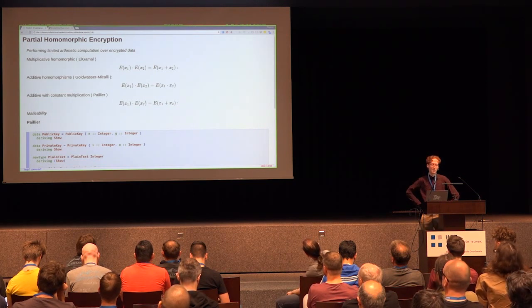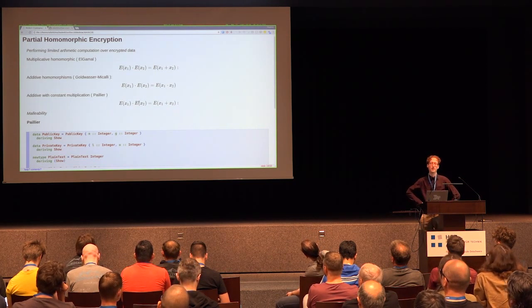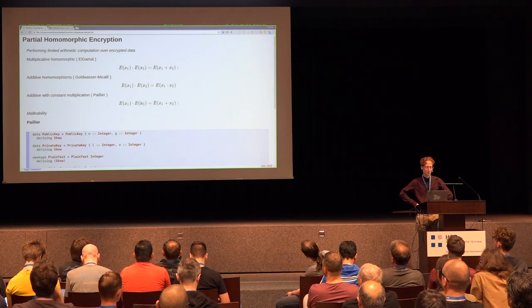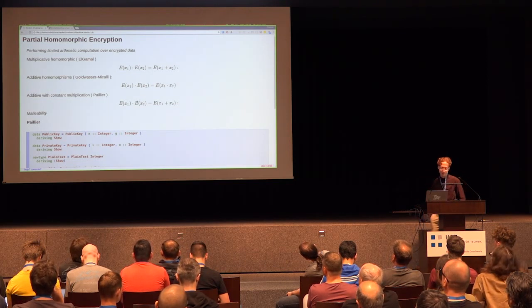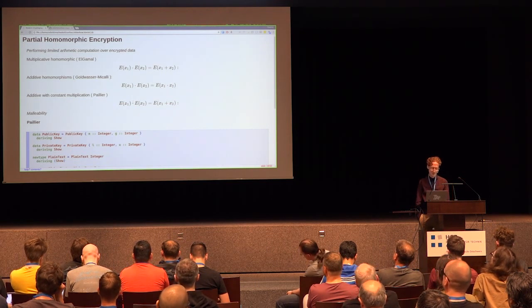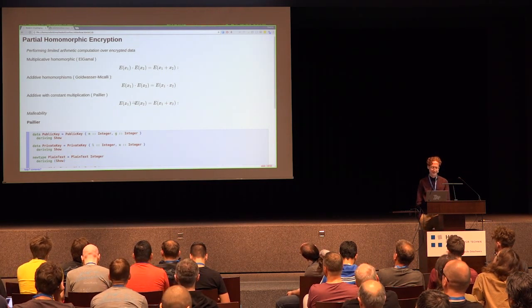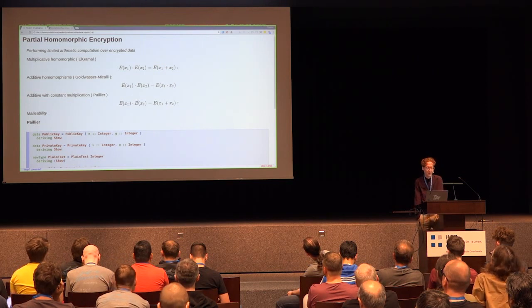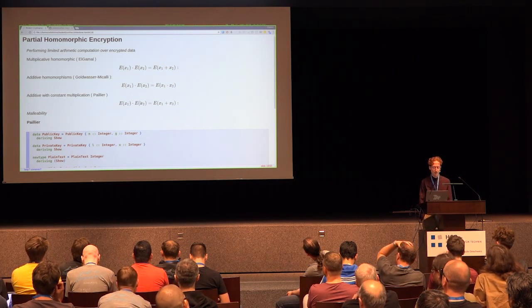There are a little more complex schemes where we want to do computation over encrypted data. There are schemes that allow us to do very, very limited sets of arithmetic computation over encrypted data.